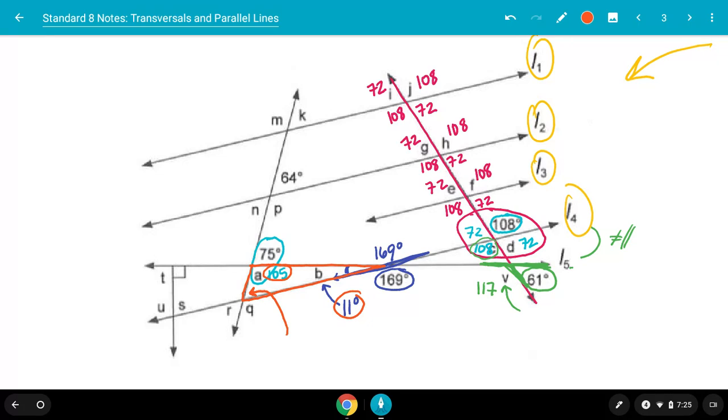Well, what do I know about angles in a triangle? I know that they all add up to 180. So 105 plus 11 plus what is 180?